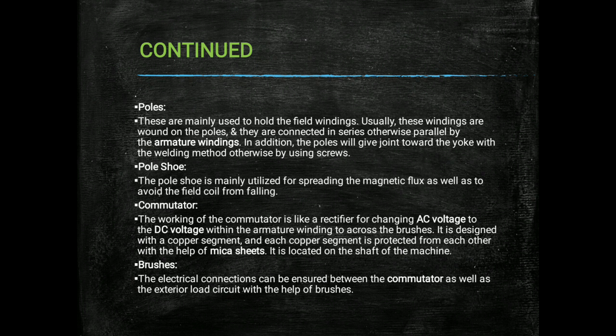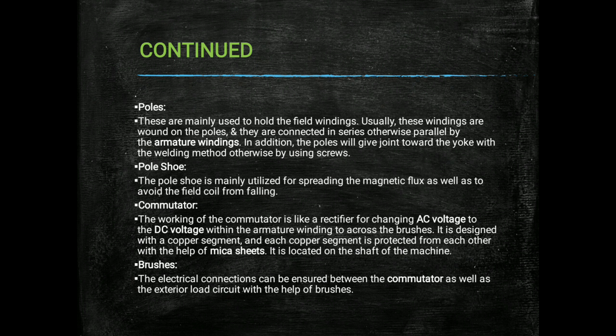Now the brushes. The brushes are made of copper, and it is a collecting medium. It collects the direct current from the commutator. It is connected with the commutator, and the commutator is rotating with the armature, and the brush is a static part, and the brush collects the direct current from the commutator and supplies it to the external load.